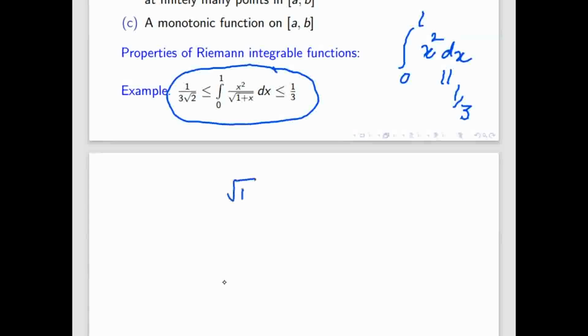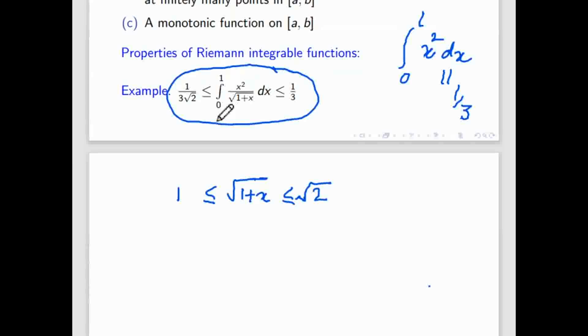Can we write that square root of 1 plus x always lies between 1 and square root 2? Yes, sir, because x lies between 0 and 1. x cannot take the value 5 in this range.